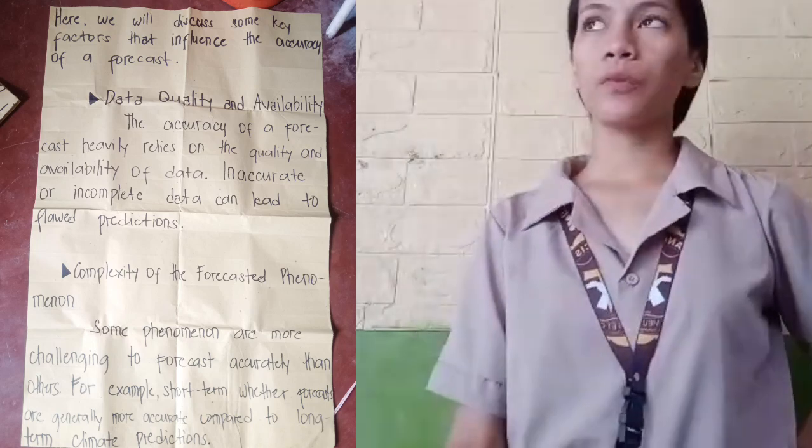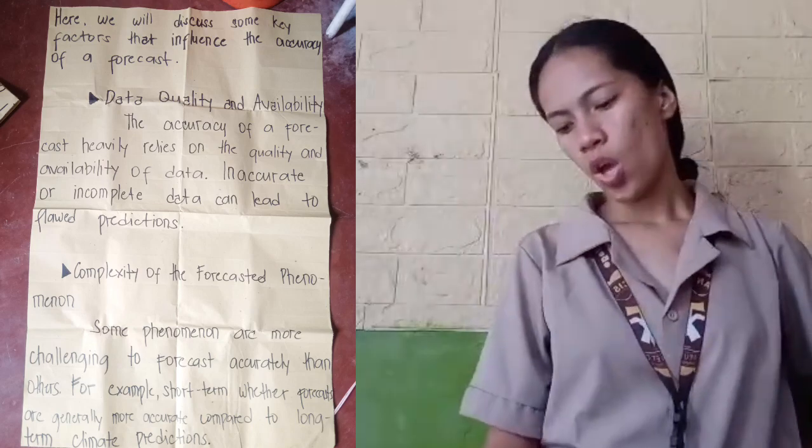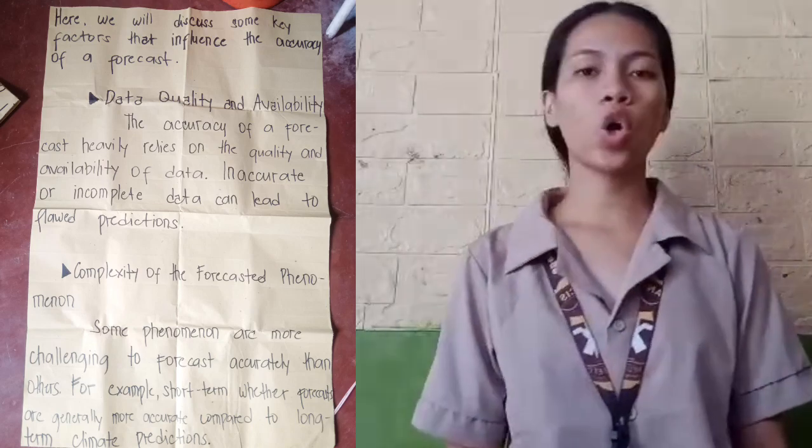For example, short-term weather forecasts are generally more accurate compared to long-term climate predictions. Complexity of the forecasted phenomenon refers to intricate interdependencies, non-linear relationships, and emergent interactions that make prediction challenging.